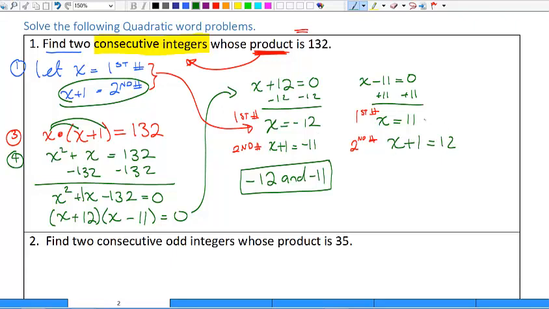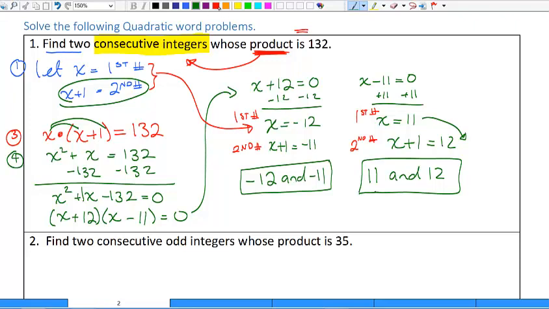The other thing you could do is just think about it. If 11 is your number, what's the next one after that? If you know the definition of consecutive integers, you can probably just think about it that way too. So my two answers are negative 12 and negative 11 as a pair, and 11 and 12 as a pair. So you have two sets of answers.